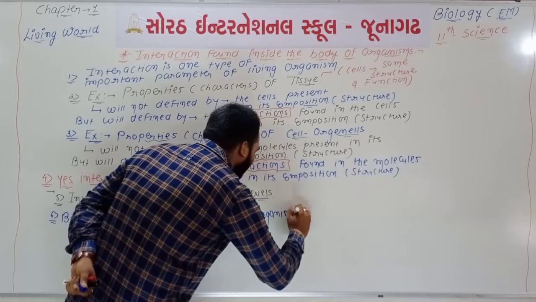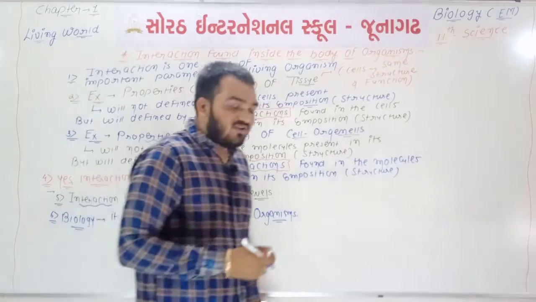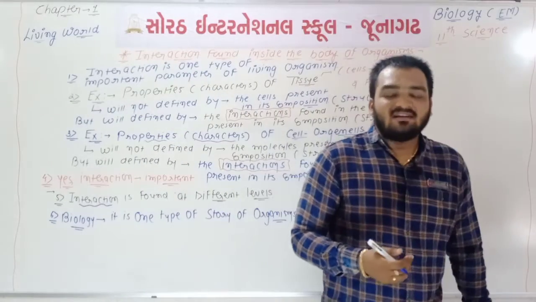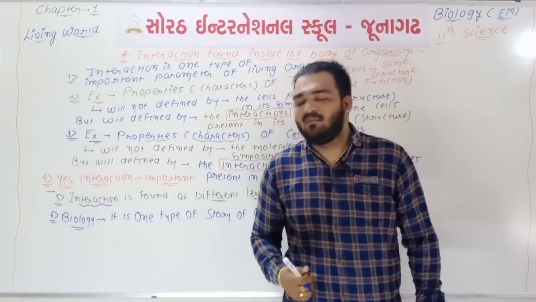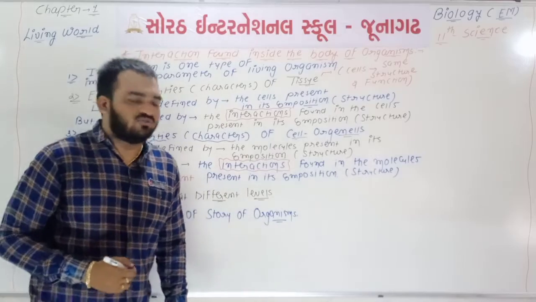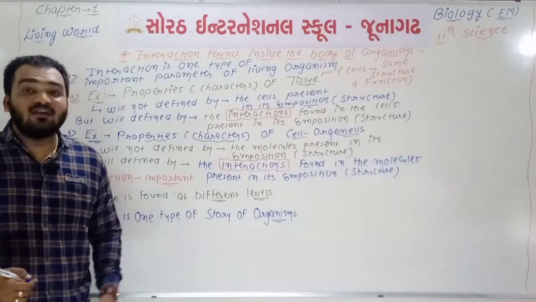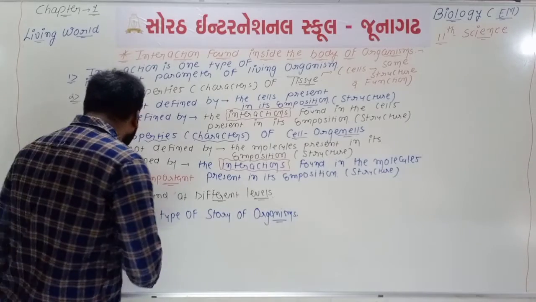You know that biology is one type of science which deals with the different types of activities, characters and parameters of living organisms. So what is biology? It is one type of story of organism. You will remember, it is one type of story of organism.